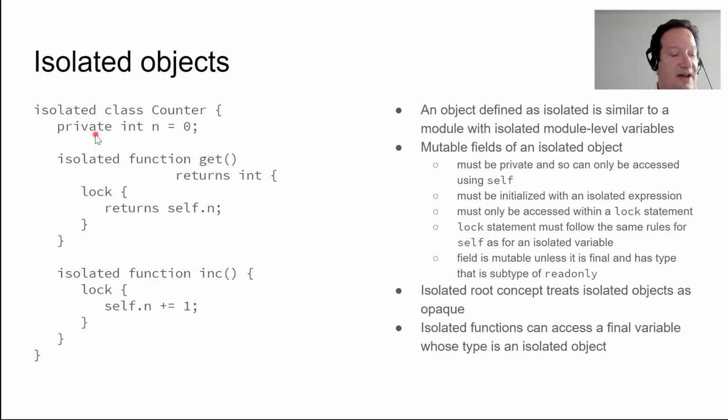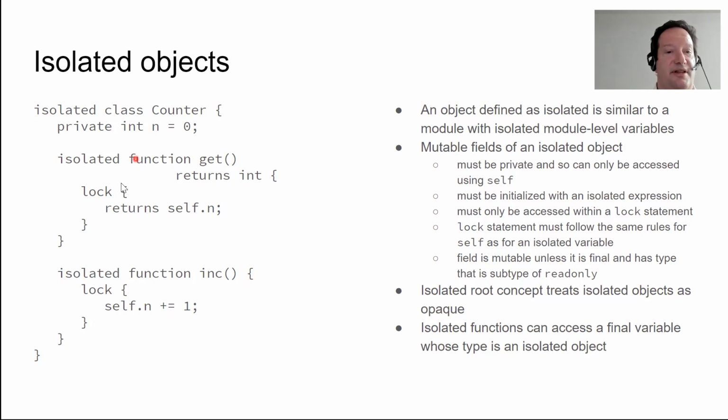Just as you can't have public isolated module level variables, all the members of an isolated class have to be private. So these private fields of a class have to obey the same rules that isolated module level variables obey.